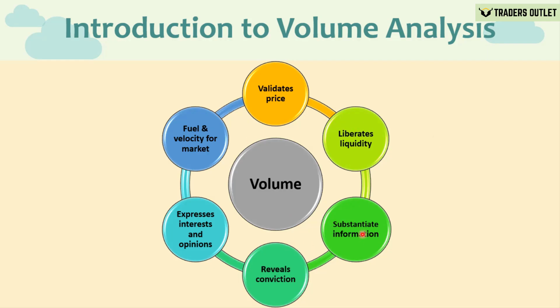The other part is that it substantiates information. When the lockdown was announced in many countries, the prices plummeted very sharply and it was supported by very substantial volume. A large number of trades happened which drove the prices down.